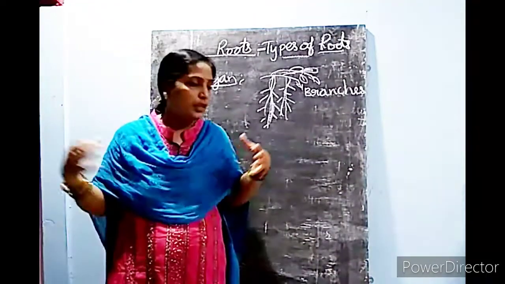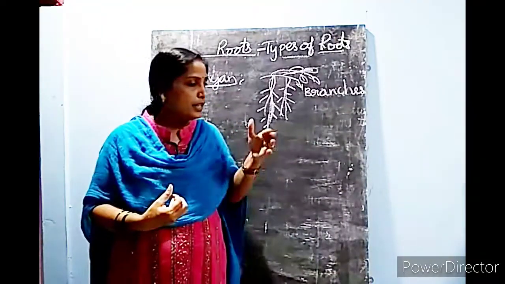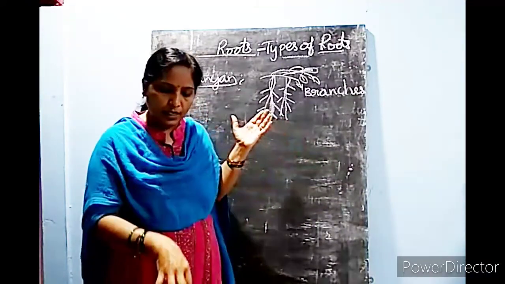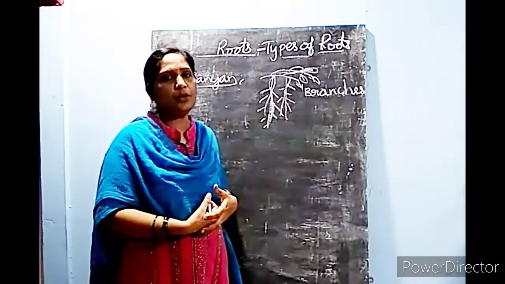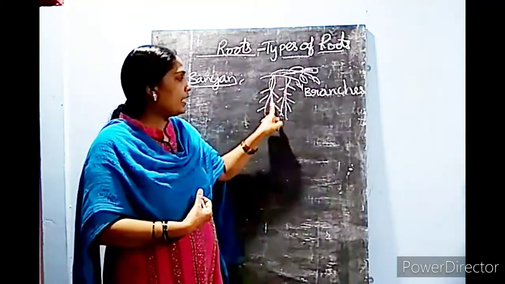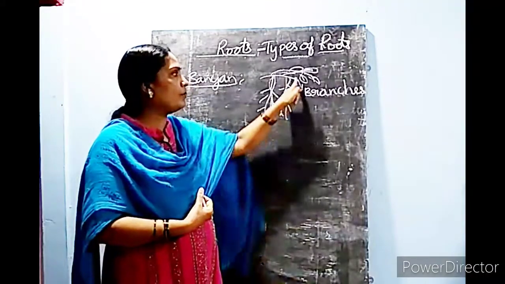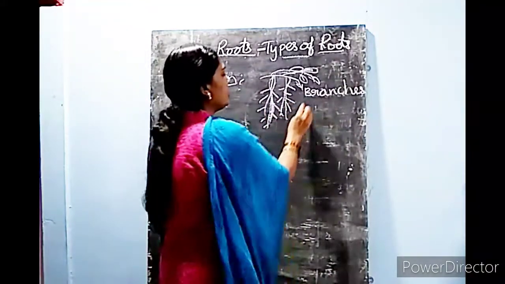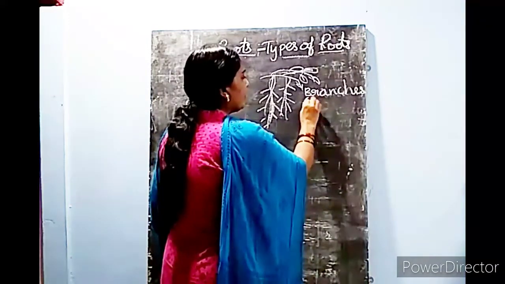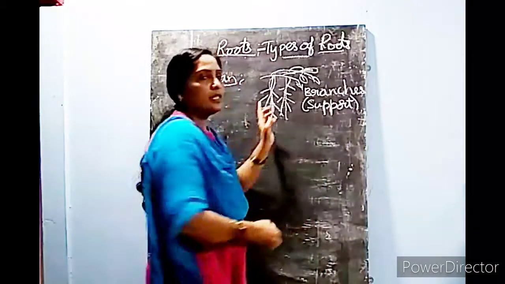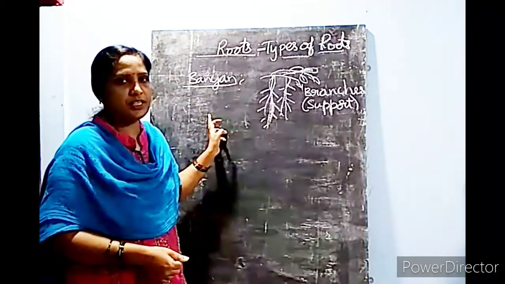When it grows very big, its branches extend like that, so its main roots may not give enough support for these branches. That's why extra roots grow from the branches. The most important function they are doing is giving support to the branches of the banyan tree.